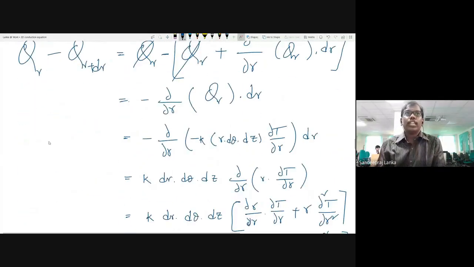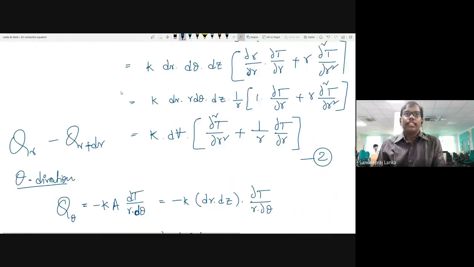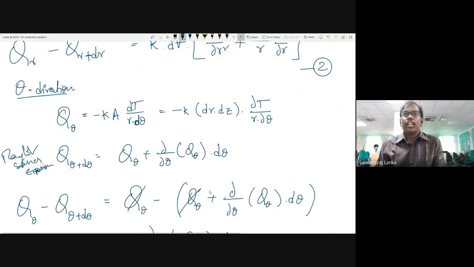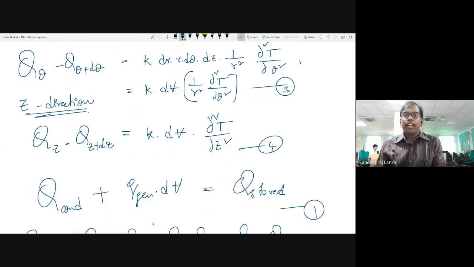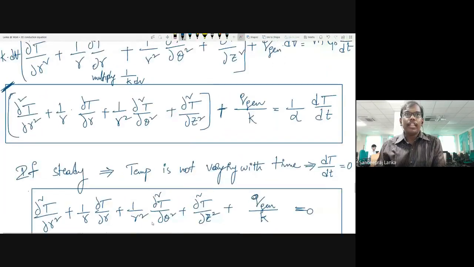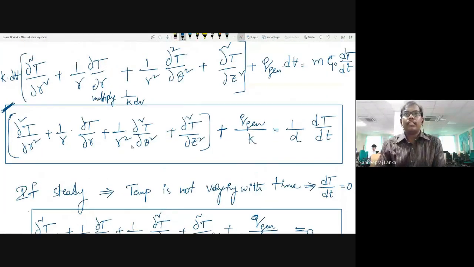And then we got the expression for qr minus qr plus dr, and the same thing in the theta direction, and in the z direction also. And finally, we have arrived at this equation for our polar coordinate system, that is our cylindrical coordinate system equation.